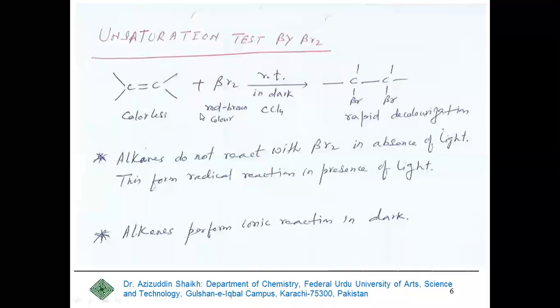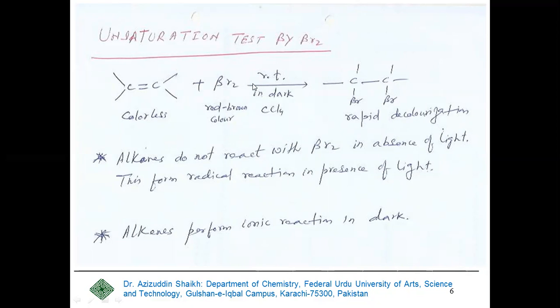So the alkane does not react with halogen in the dark, and the alkene reacts with bromine in the dark. You can distinguish saturation and unsaturation by performing this test. Alkenes perform an ionic reaction in the dark. Okay, so this is the application of the unsaturation test by bromine.